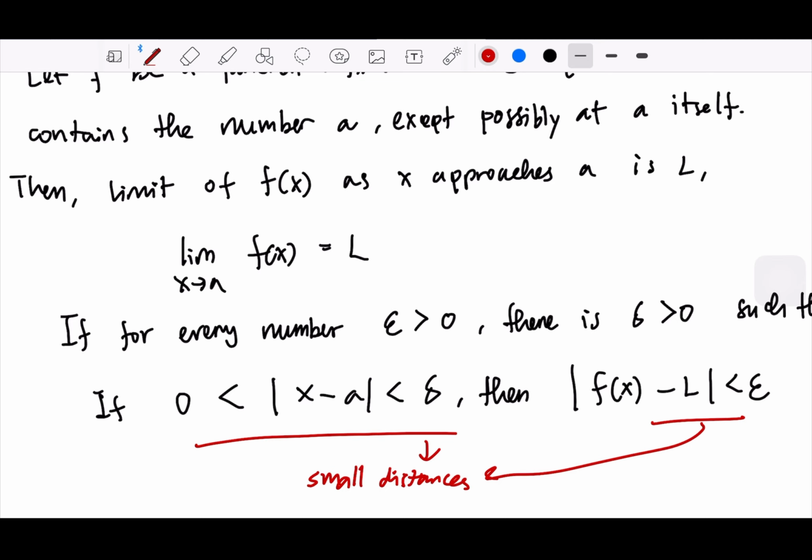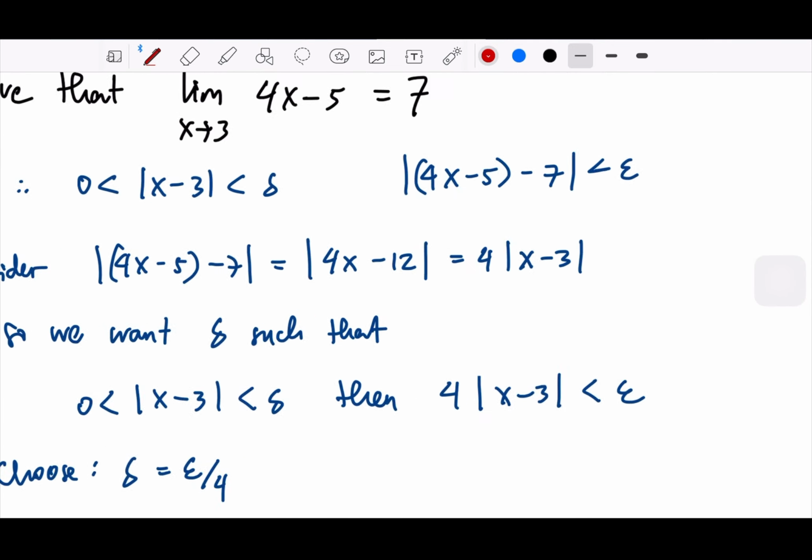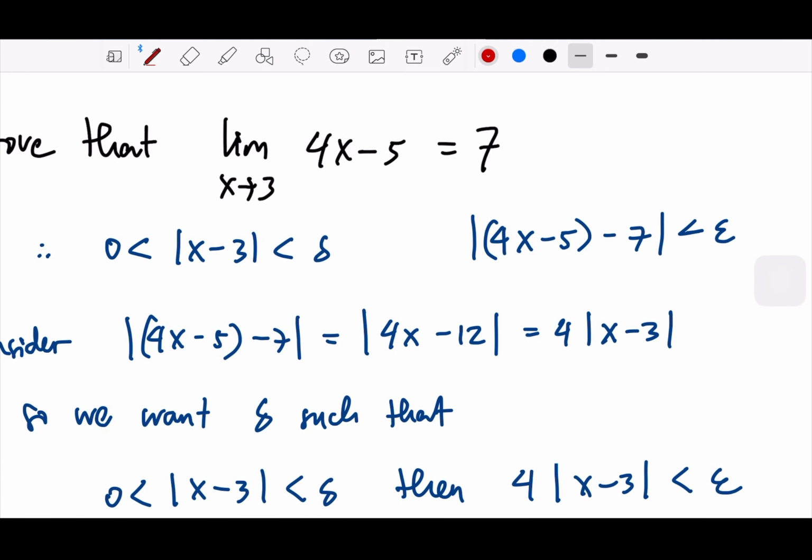Basically, when we are proving whether a limit is true, for example, the limit as x approaches 3 of 4x minus 5, of course, if we just use direct substitution, we can see that it is true. But we can also prove that using the delta and epsilon definition.